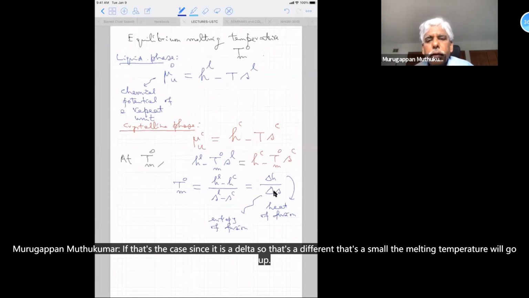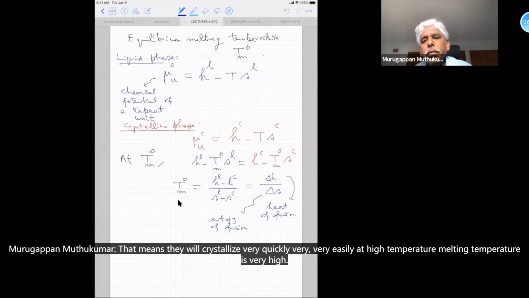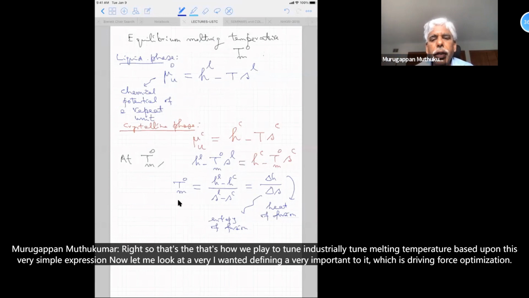Since delta S is a difference that is small, the equilibrium melting temperature will go up. That means they will crystallize very easily at a higher temperature. So that's how, industrially, we tune melting temperature based upon this very simple expression.